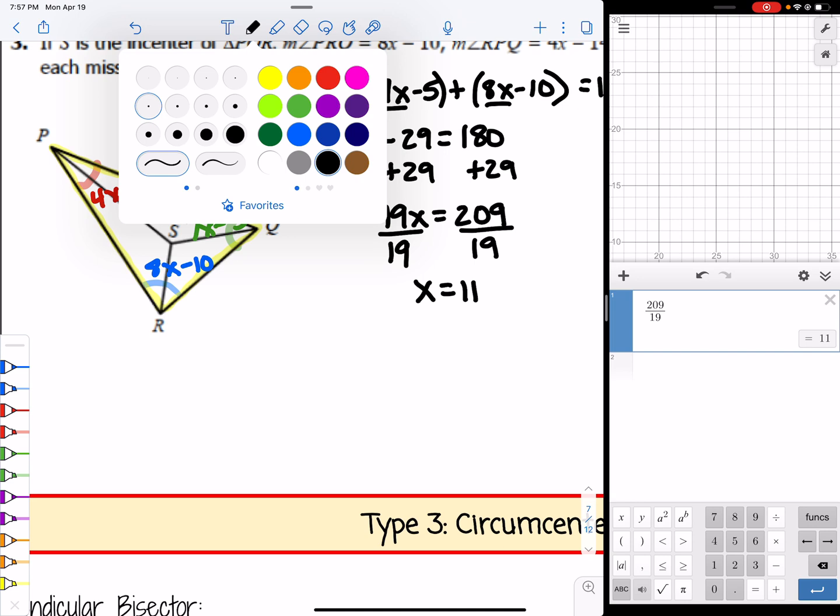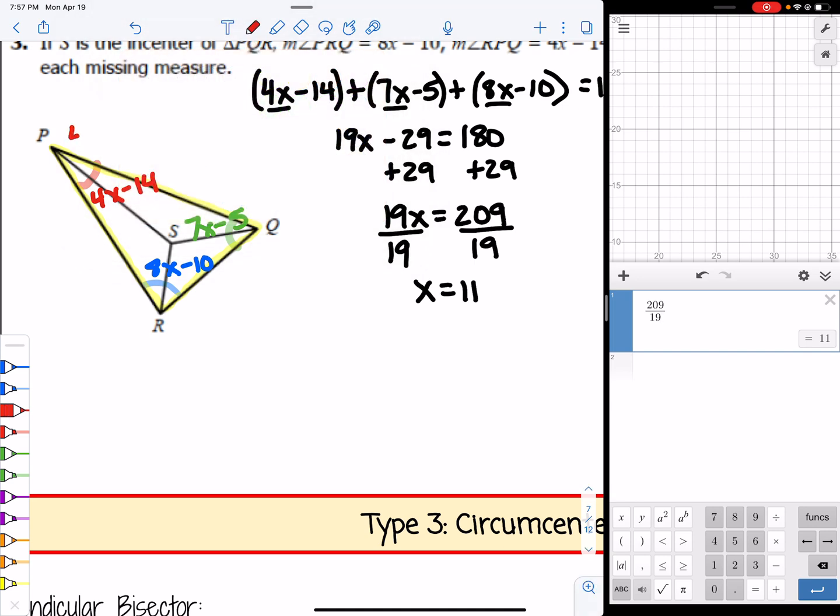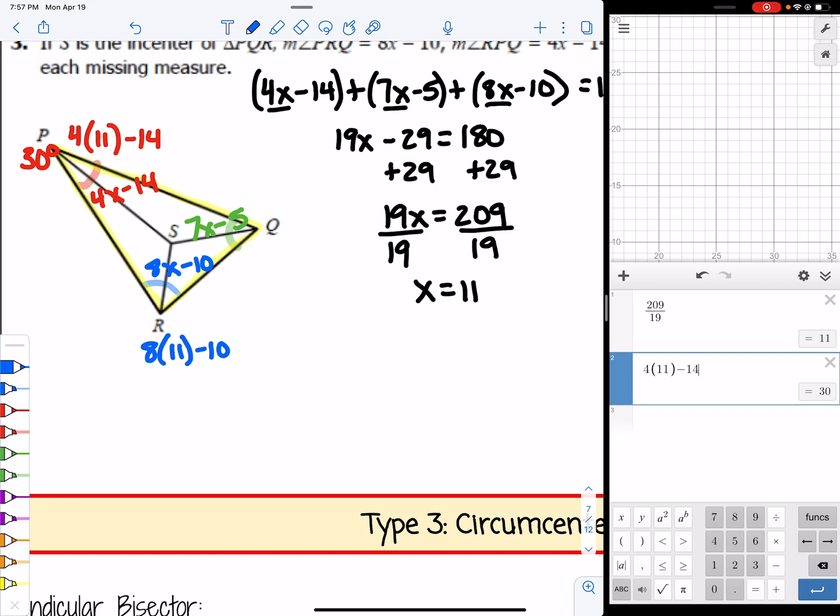So 4x minus 14, let's start there. 4 times 11 minus 14 would be 30. So angle P is 30 degrees. Then let's figure out 8 times 11 minus 10.